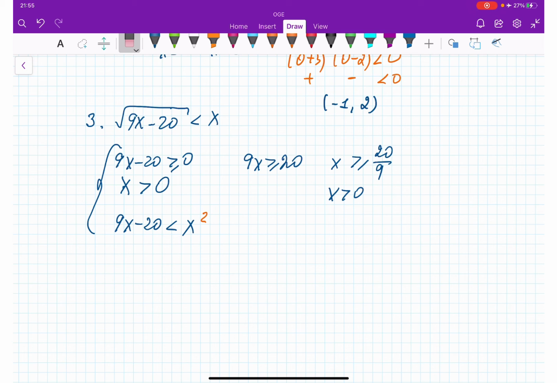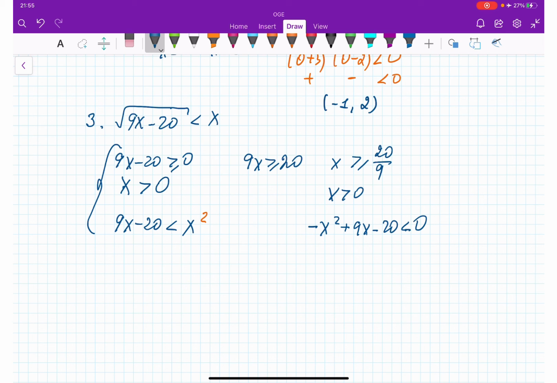All right. And from here, the third one is going to be negative x squared plus 9x minus 20 less than 0.